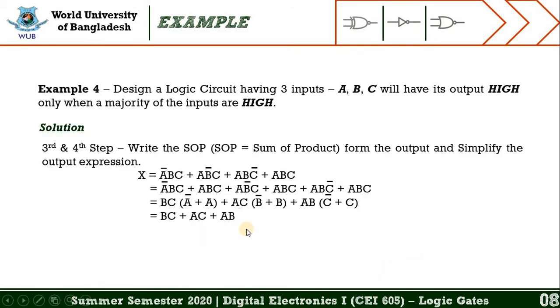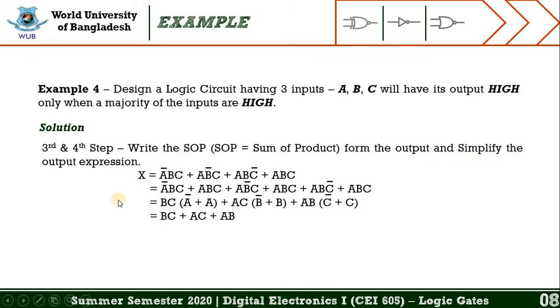Here is the continuation of the previous example. The third and fourth steps are to write the SOP, which stands for sum of product, from the output and simplify the output expression.